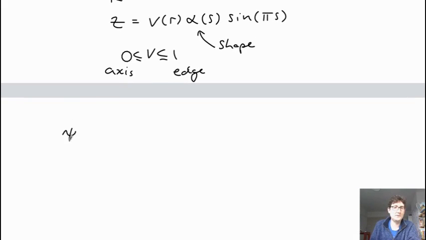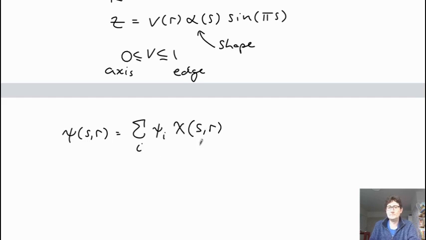So we write that psi, this function of s and r, is some combination of some kind of weighting. This is a weighting factor psi, which depends on the cell, and is some function of some set of basis functions s and r.